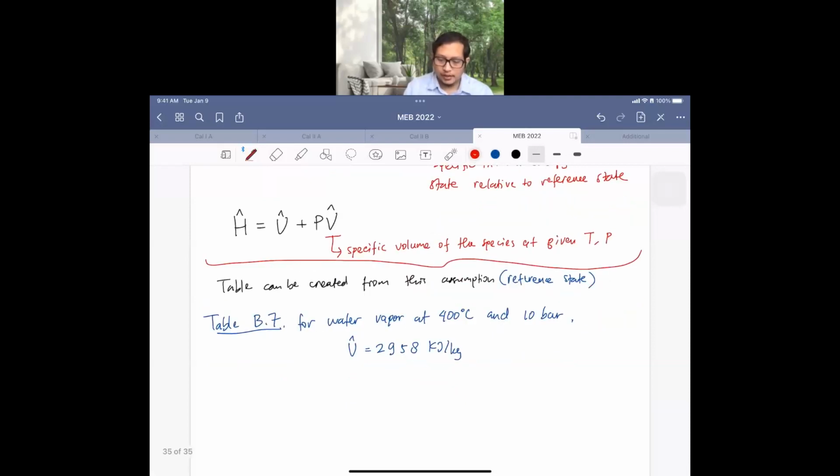The reality is this value is not the absolute value of the specific internal energy. This value is relative to the reference state.